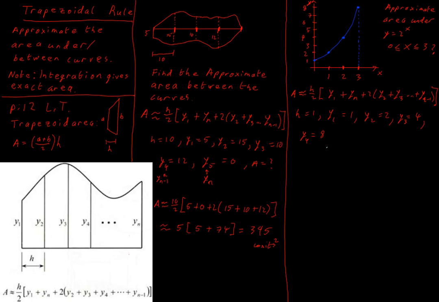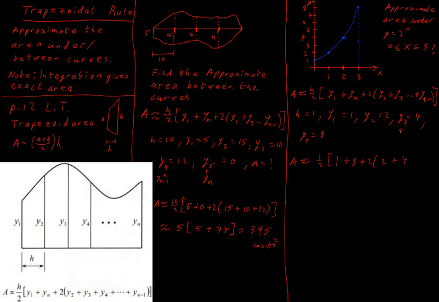So now we have all of our terms. Let's sub into our formula. 1 over 2 on 1 plus 8 plus 2 on our two terms, so 2 plus 4.